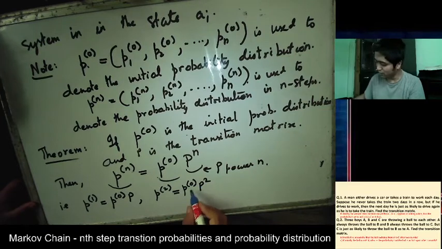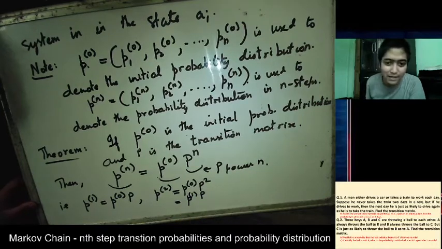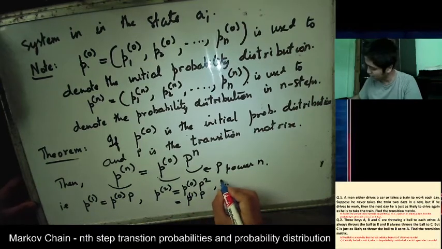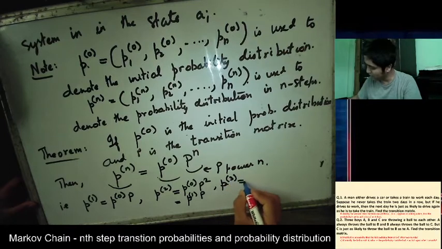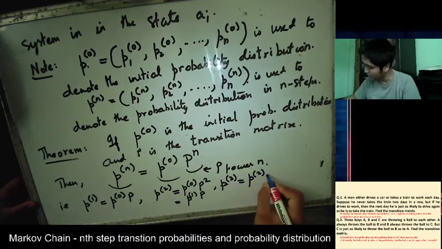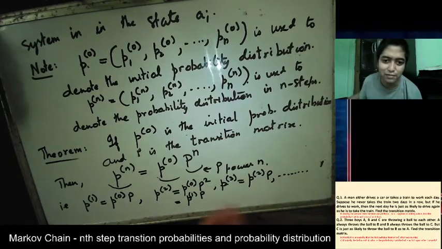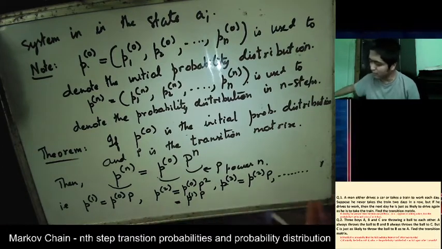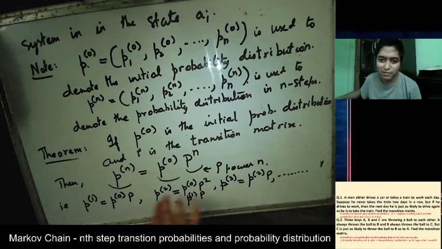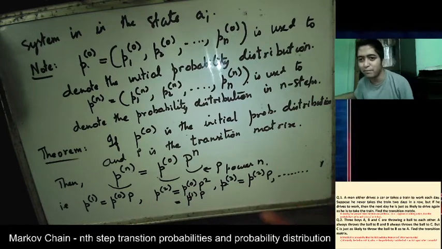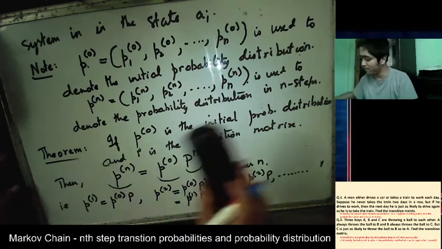But p naught p is p1, so it will be p1 p. Similarly, p3 you can obtain as p2 p, and so on. You can go on infinitely: p3, p4, p5, and so on.